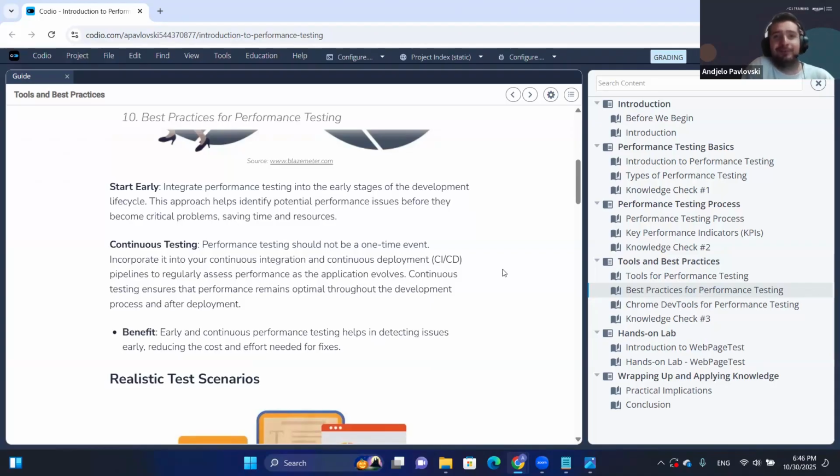So we want to, when possible, start testing as early as possible. This is one of the best practices for performance testing as well. So yes, you will get the situation where you test on production. It's quite common, but if you have the opportunity to implement it, do it as early as possible. And why do I say that?